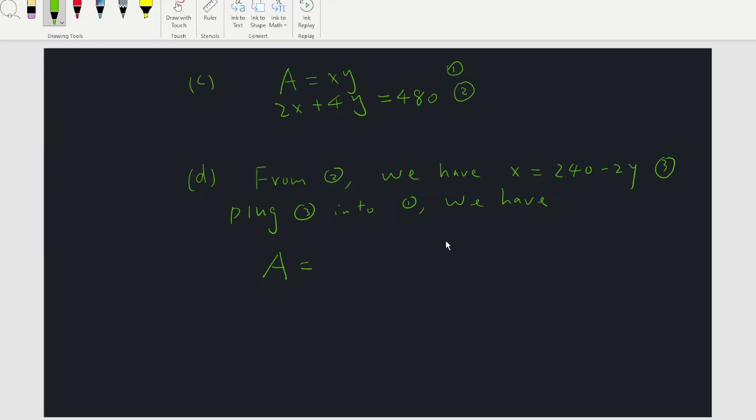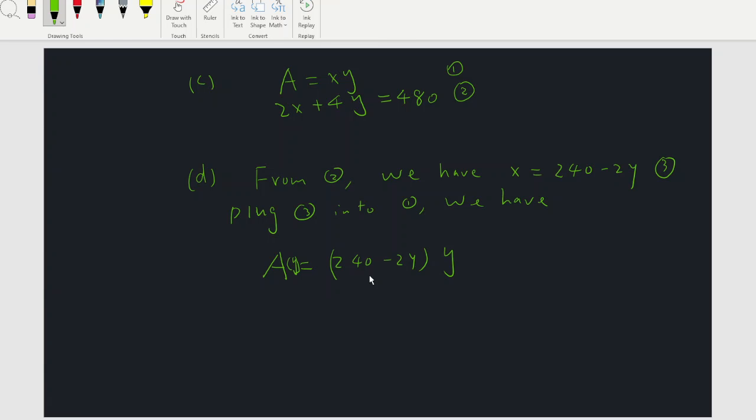A can be written as, I'm going to replace x with 240 minus 2y. Yeah, that's x, right? And then multiplied by y. At this point, because A is only dependent on y, I can write A as A of y, right? I hope it's not too messy.